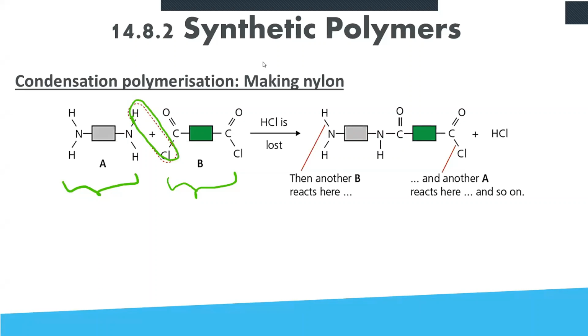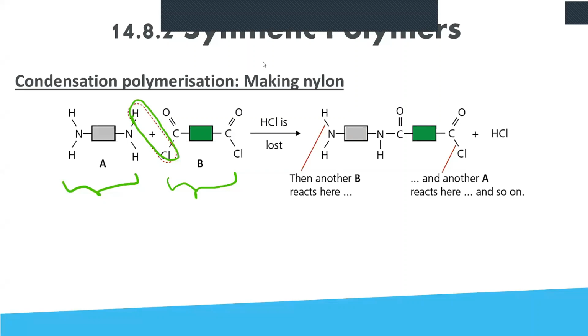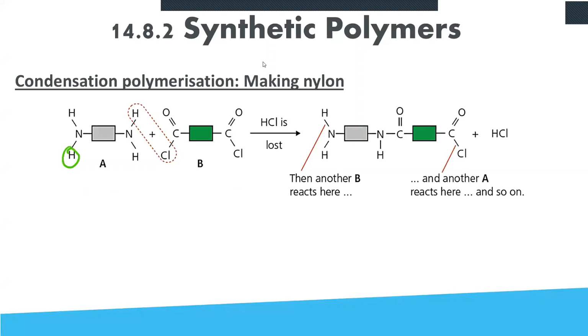So in this structure, the first hydrogen will be removed. This hydrogen is removed from the second NH. This chlorine will be removed, so from the other structure, another chlorine will be removed as well.